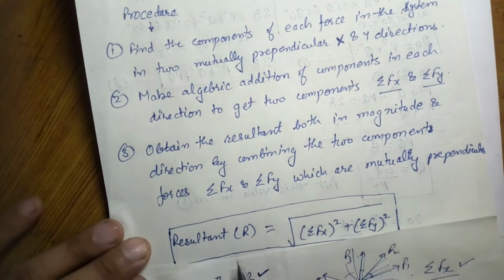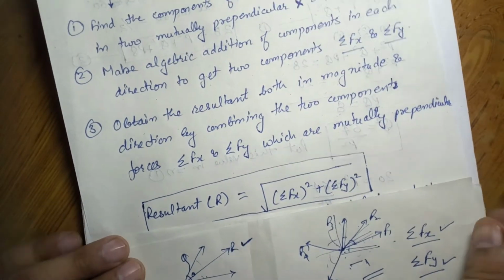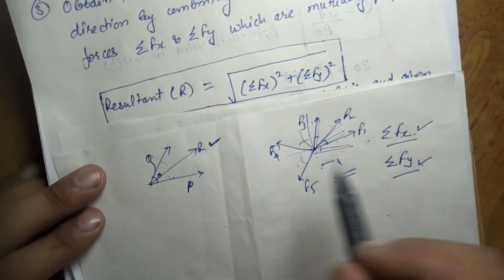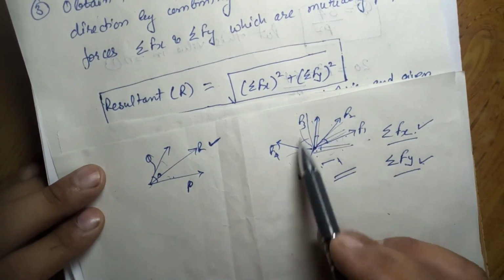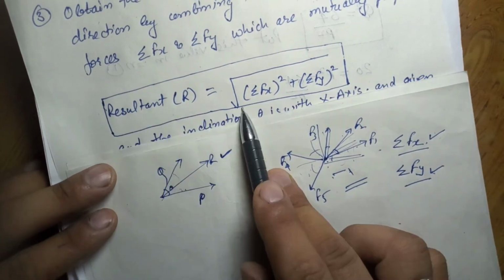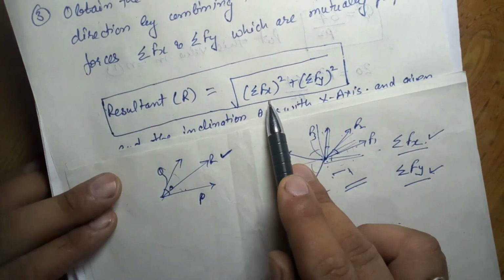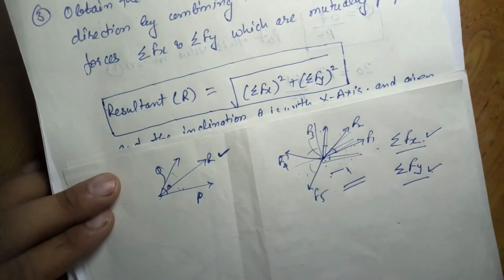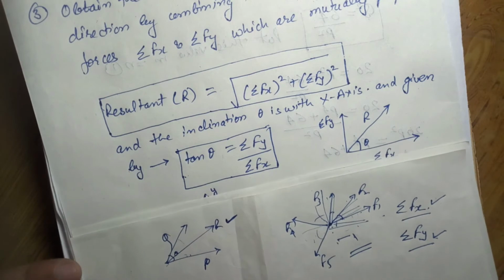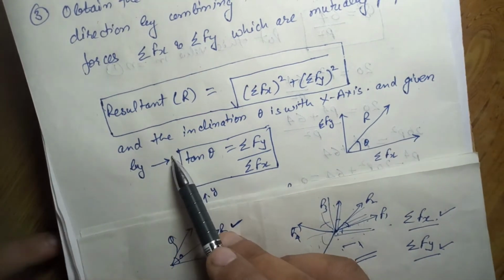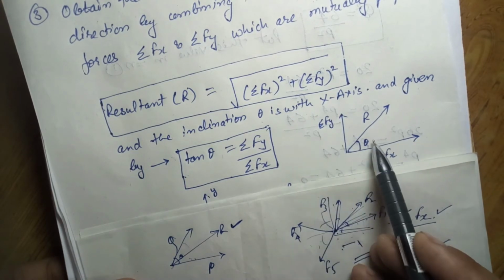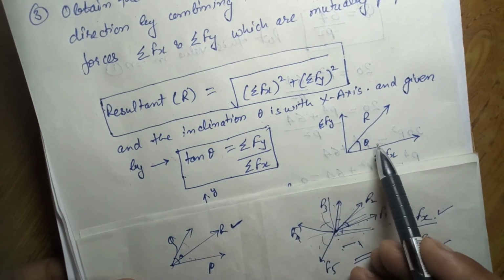Means when we find the summation of all the forces in the x and y directions, the resultant will be equal to the square root of summation of Fx squared plus summation of Fy squared. This will be the resultant, and the direction will be calculated with the inclination theta with the x-axis, the same as we discussed in the parallelogram theorem.